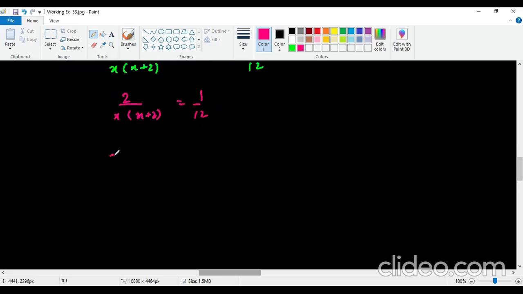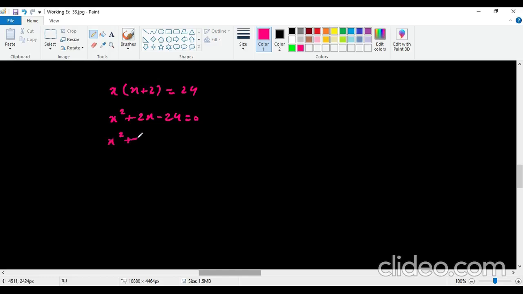So this is going to give us x times x plus 2 equals 24, and when we expand this, it becomes x square plus 2x minus 24 equals 0. That means once we factorize this, we get x square plus 6x minus 4x minus 24 equals 0. x is common, x plus 6, and x plus 6 copied down once again, minus 4.